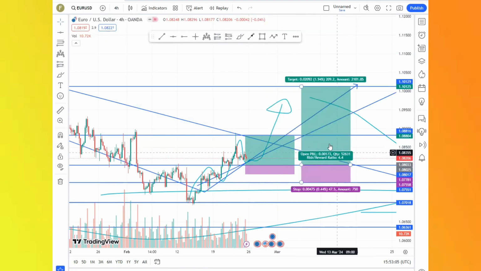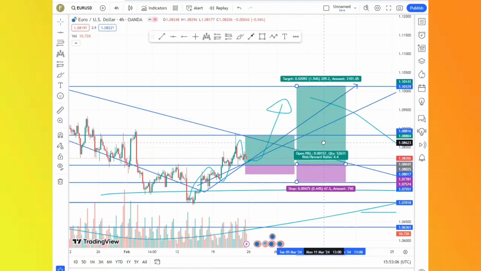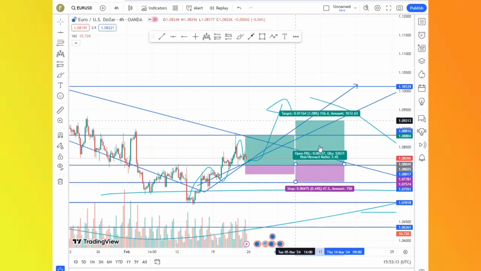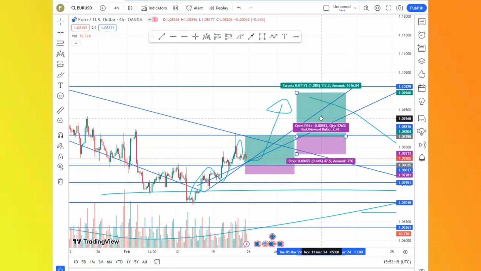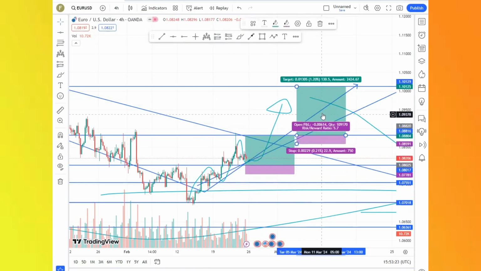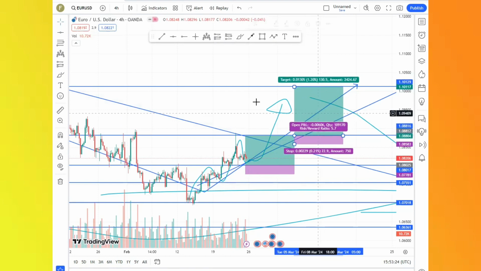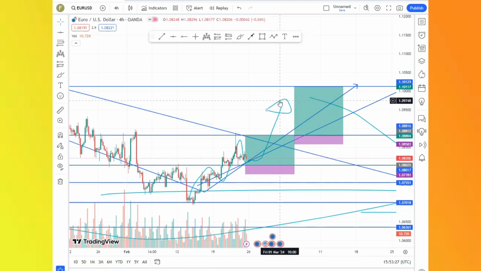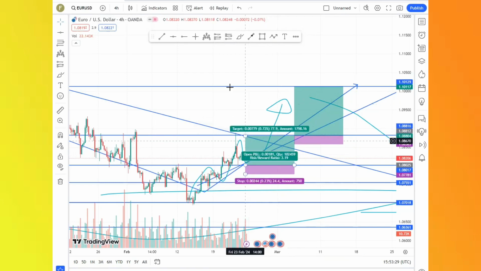Okay, so this is what we are currently expecting from Euro USD.